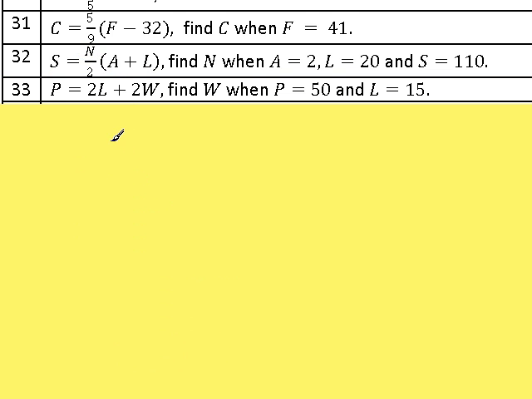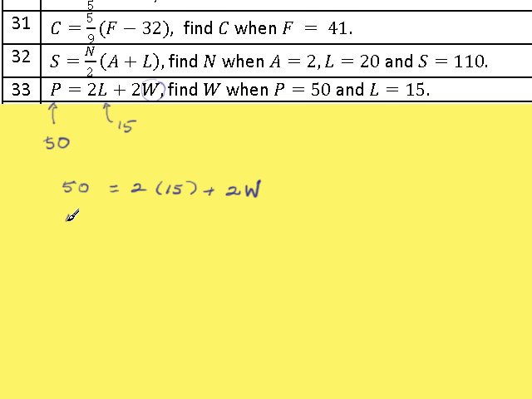Okay, here we have another formula. Actually, this is the formula for perimeter, I see. Perimeter is equal to twice length plus twice width. And here we want to find W. When P is 50, we'll put a 50 here, and L is 15. So let's do that. So here we have 50 is equal to 2 times 15 plus 2W.